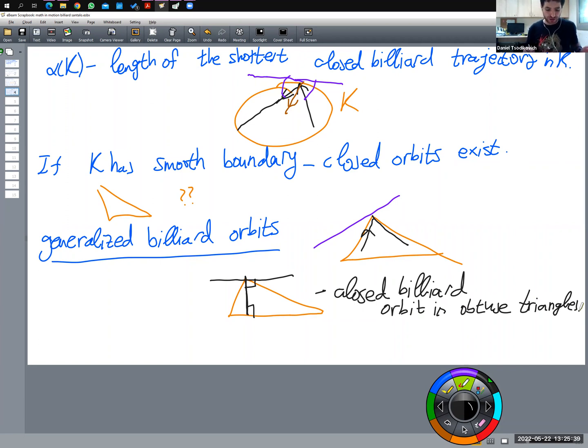By the way, for acute triangles, the existence of closed billiard orbits has been known for 200 years or so, due to Fagnano. If we have some acute triangle, then a billiard orbit is obtained by taking the three altitudes and connecting the three feet of these altitudes.